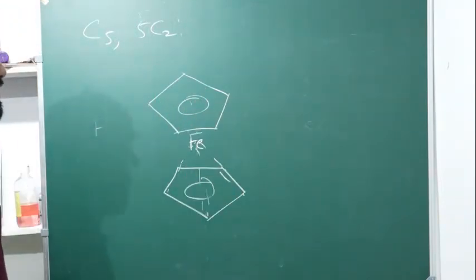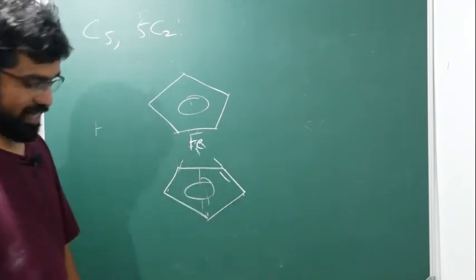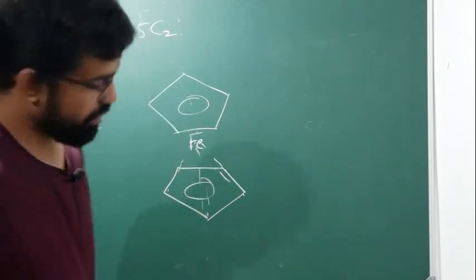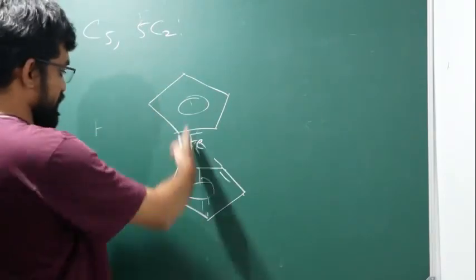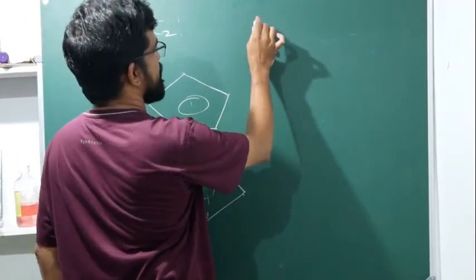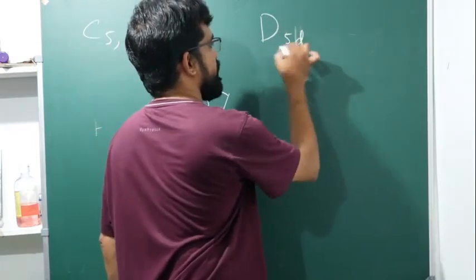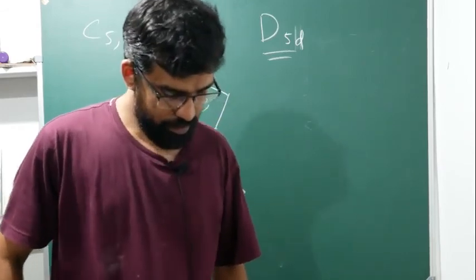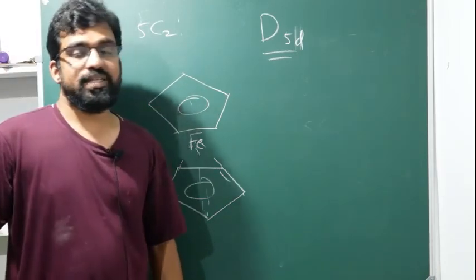But it has sigma d, sigma d's are there, along this plane. So it is D5d. This is the symmetry point group of ferrocene in the staggered conformation.